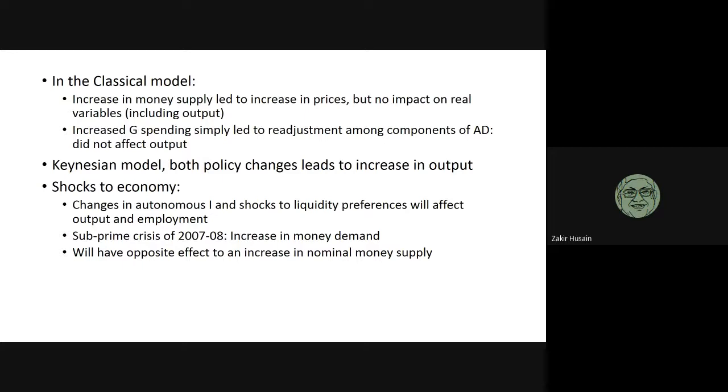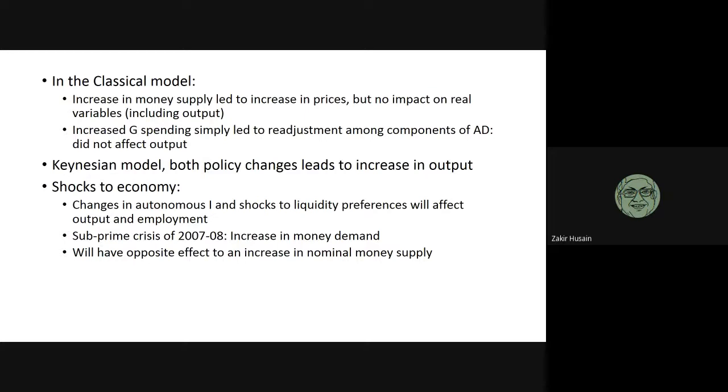Consumption, private investment, and G will simply readjust. Government spending will crowd out investment and consumption so that aggregate demand remains the same. So again, output and employment are unchanged.